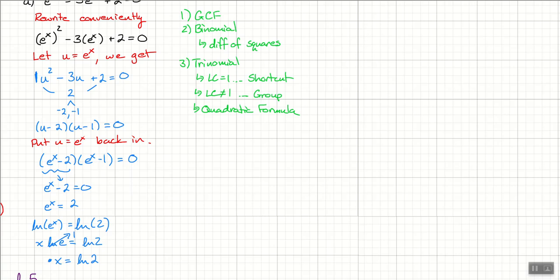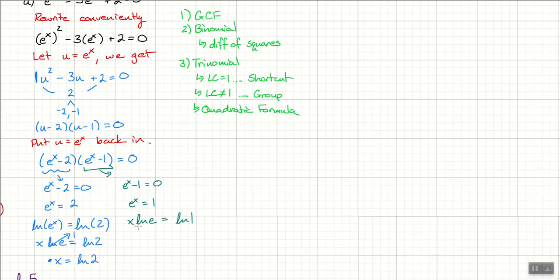For the other one, and I'm going to use this dark green color, if we set this factor equal to 0, we're going to wind up with e to the x minus 1 equals 0, which I'll add 1 to each side. We get e to the x equals 1. I'll take the natural log of each side, and on the left I've already used the power property. So ln of e to the x, and I move the x out front.